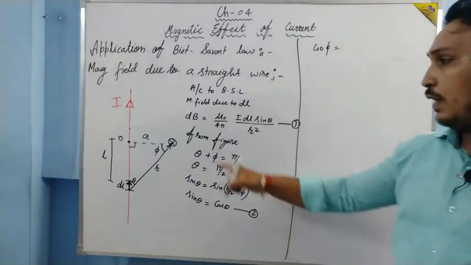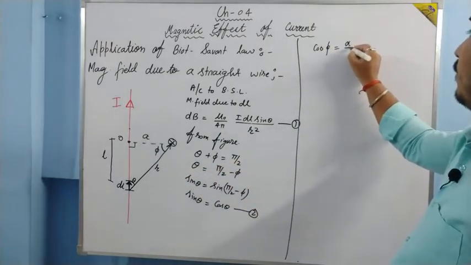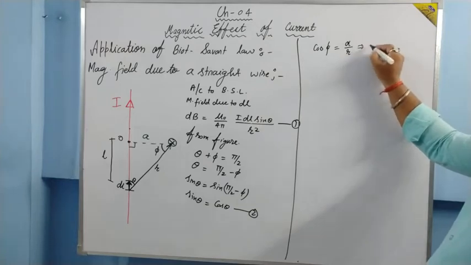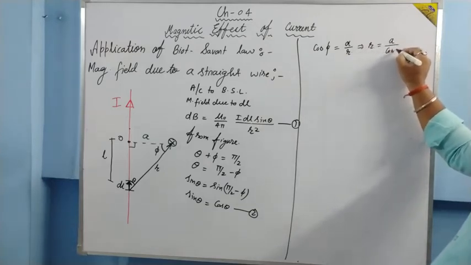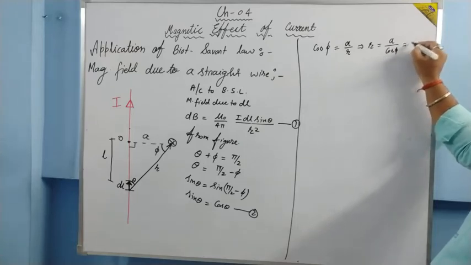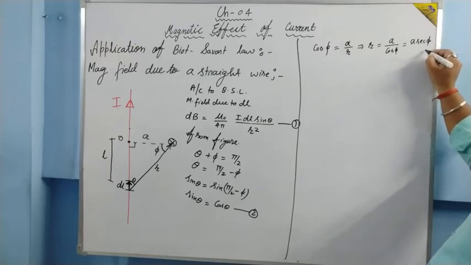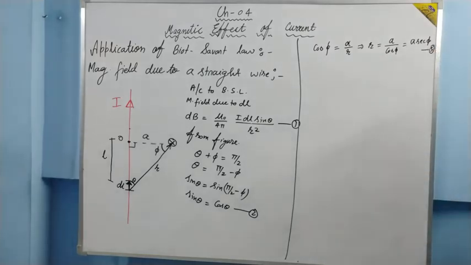For the angle phi, A is the base and R is the hypotenuse, so it will be A upon R. From here, if R needs to be calculated, it is A upon cos phi, or it can be written as A sec phi. Let this be equation number 3. Okay, now R is also done.